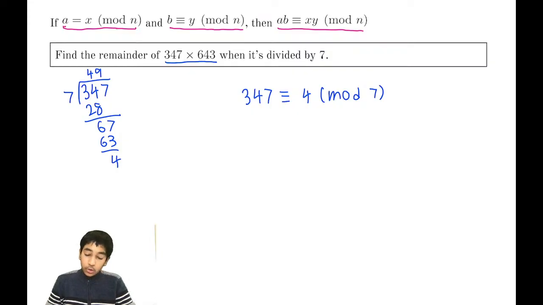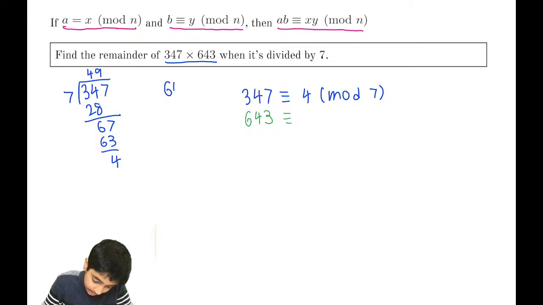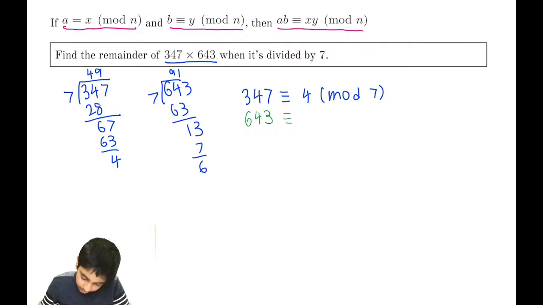So 347 leaves a remainder of 4 mod 7. Similarly, 643 is congruent to, well, we can divide it out again. If you just write the division out, we get that it's congruent to 6 mod 7.